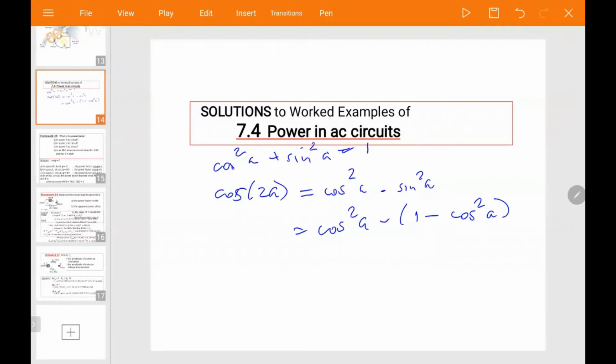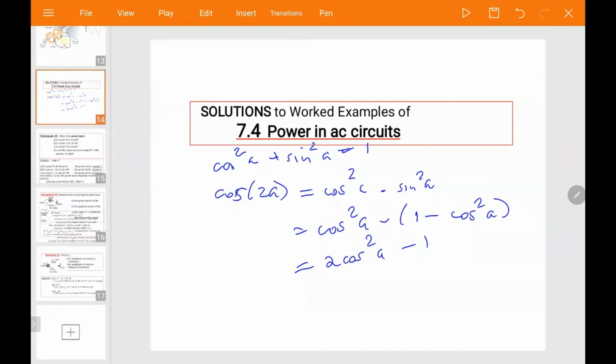So the minus minus makes it plus, and you get 2 times cos squared A minus 1.